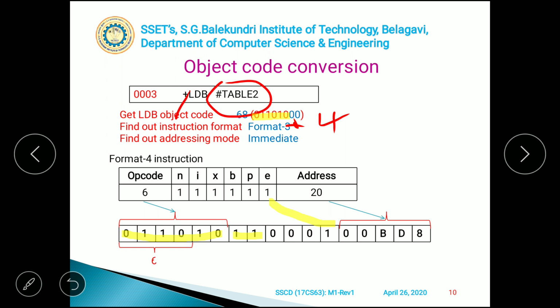Now you combine all these things. See, what is the table 2 address that is given in this. In the previous slide we can refer that the address of the table 2 is BDB, and that is given here. Okay, you can observe this.